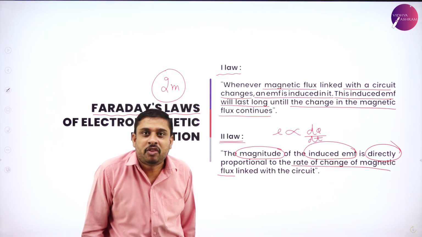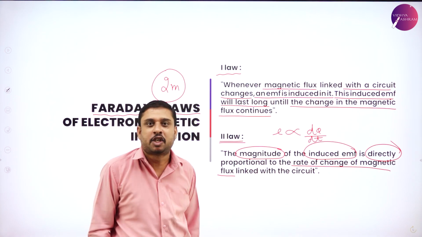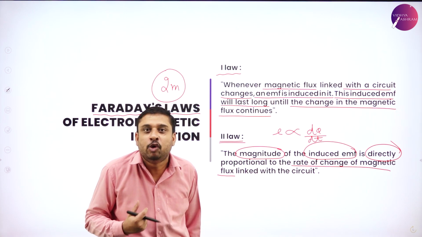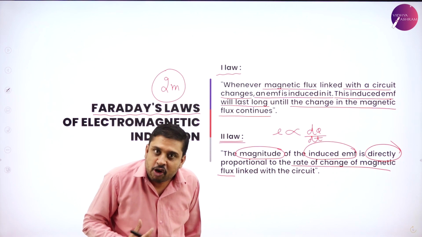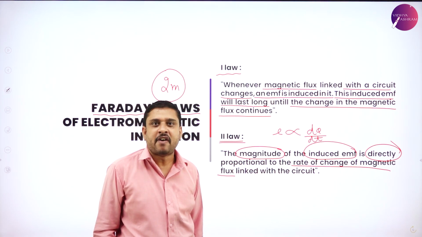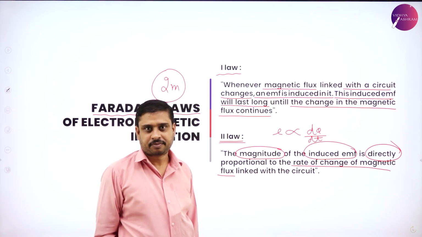Therefore, students, the advantage, the informative source from Faraday's second law is that it gives the strength of the EMF induced in a circuit. What is the actual EMF that is induced in the circuit? How much of EMF is induced in a circuit is given by Faraday's second law. But it also has a limitation.